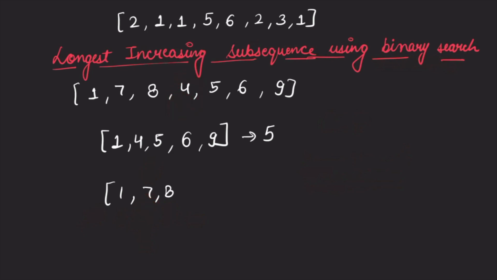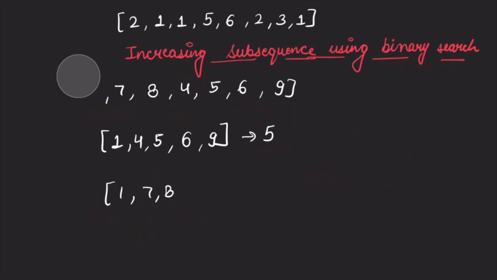So whenever your current element is greater than the last element in your LIS, at that point you can insert it in the back. And if it is not, then you should find the first element which is greater than or equal to the current element, and in place of that you should write your current number, right? If you do that for the entire array, you will be able to get the length of the longest increasing subsequence, right?